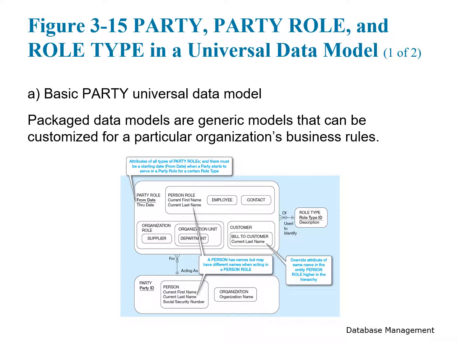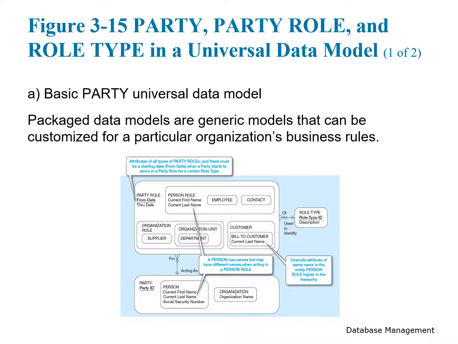A party role instance is a situation in which a party acts in a particular role type. These notions of party role and role type, supertypes, and their relationship are shown in figure 3-15a.